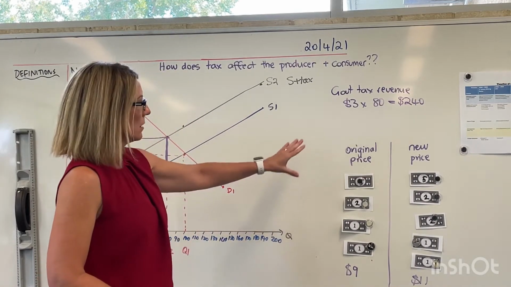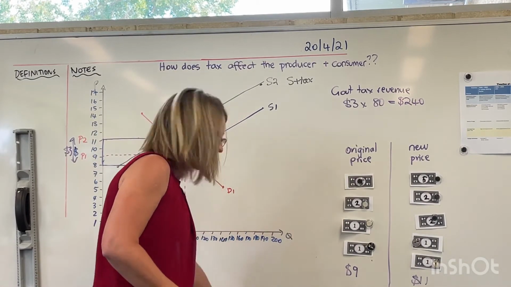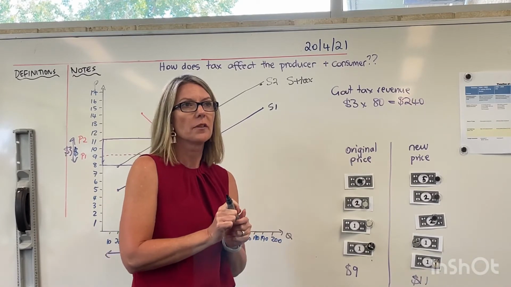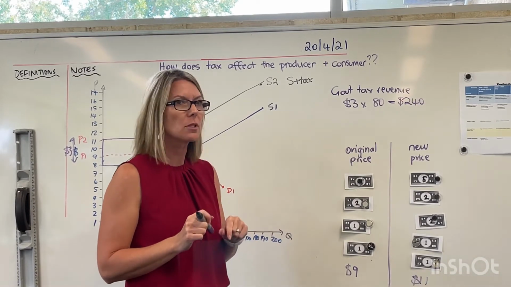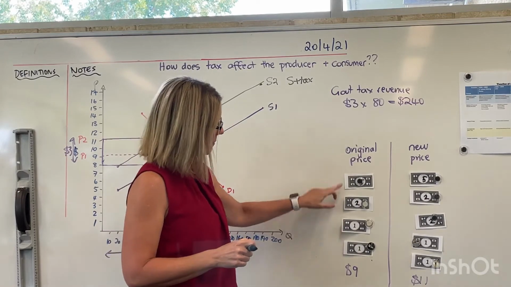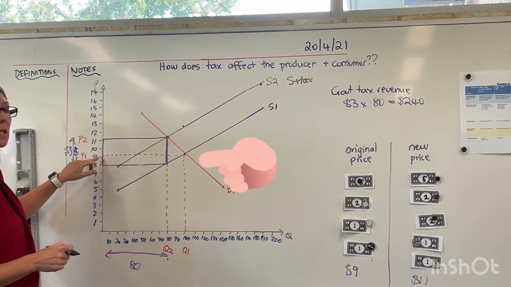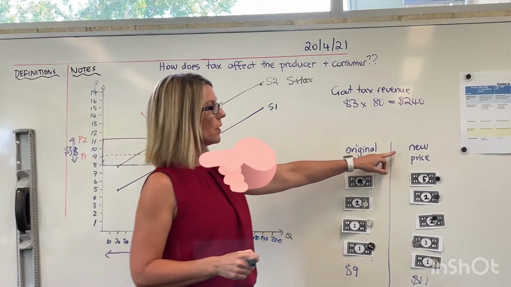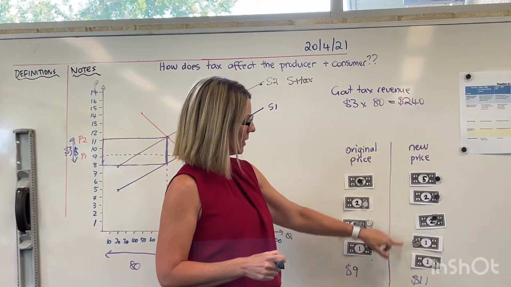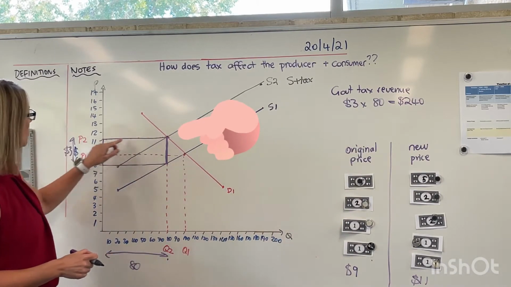Now the original price for the consumer. This is how we work out how much of that $3 tax the consumer pays and the producer pays. Original price paid, $5, $6, $7, $8, $9. That was the initial equilibrium, wasn't it? $9. The new price on the shelf is $11. That's our new equilibrium price.